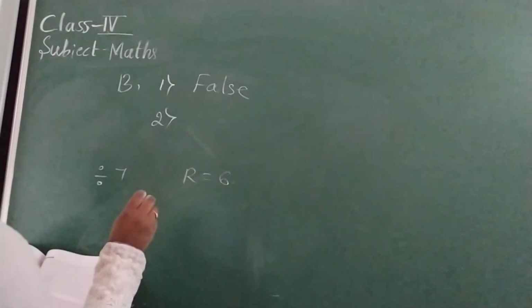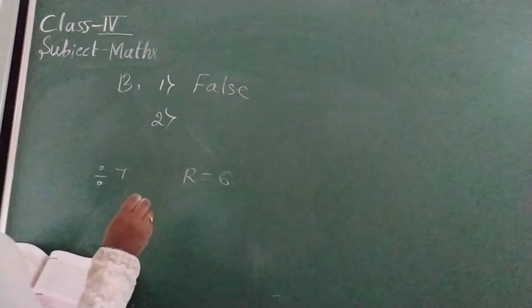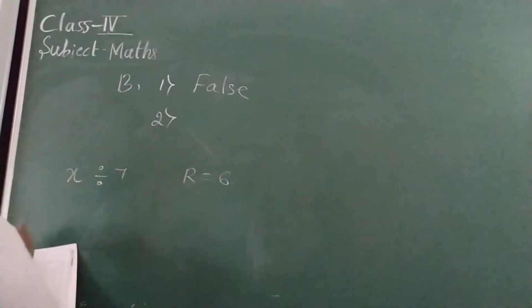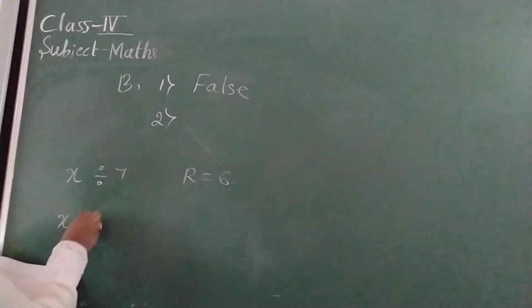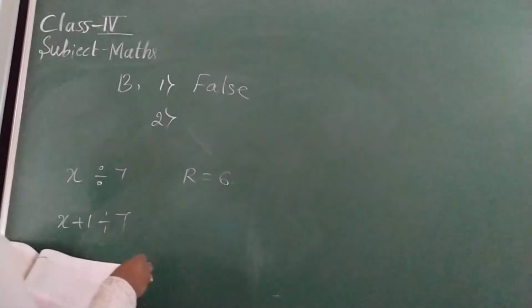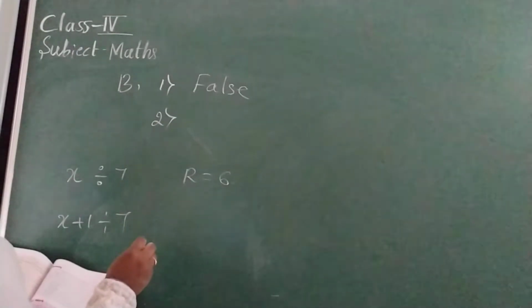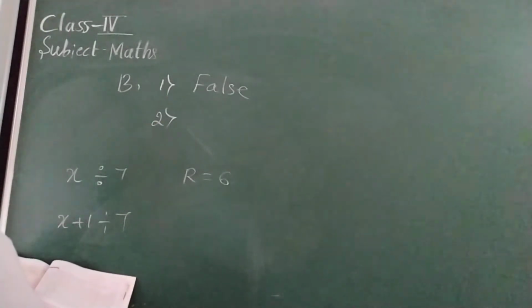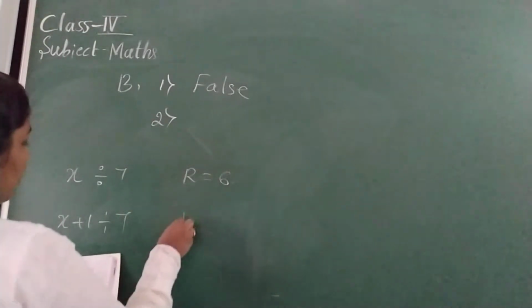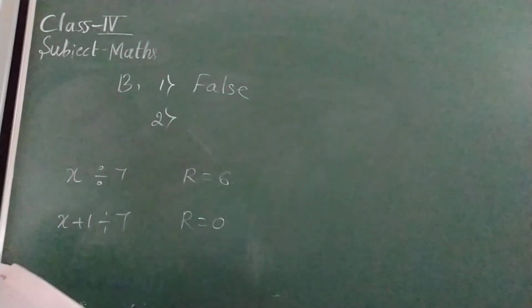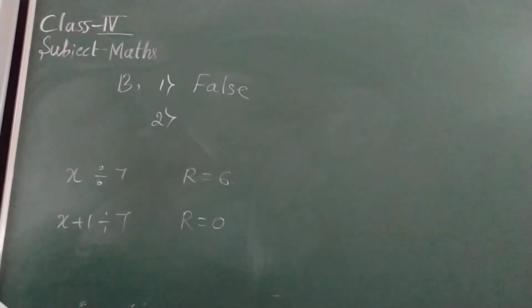When the successor of this number, x plus 1, is divided by 7, the remainder will be 0.